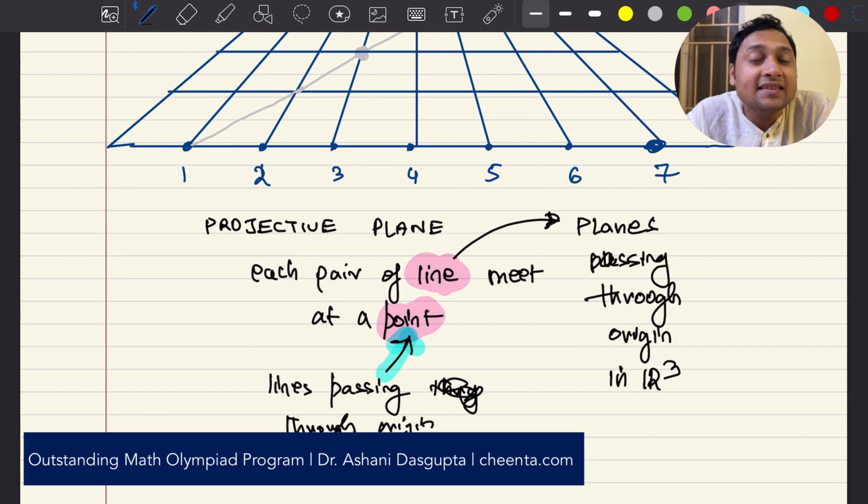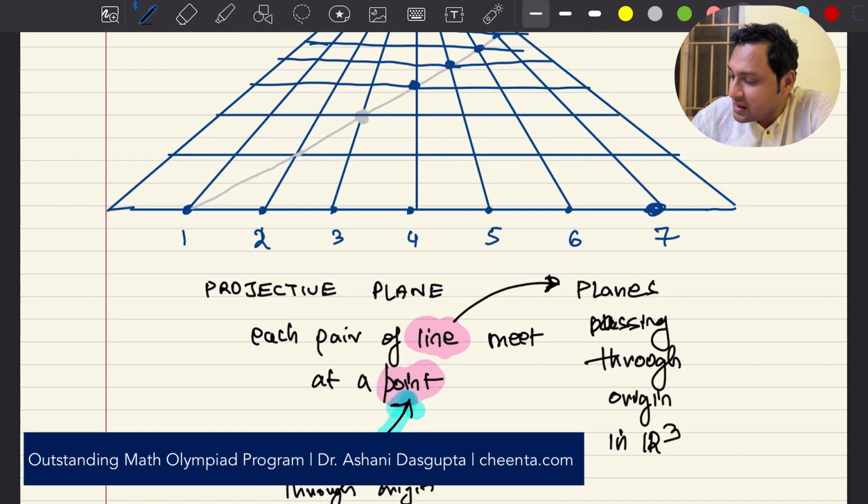It satisfies that condition that any two lines pass through a point. Because lines are planes, so any two planes pass through a line, but line is a point. You see what I'm saying, right? The actual Euclidean line is a point in this particular model.